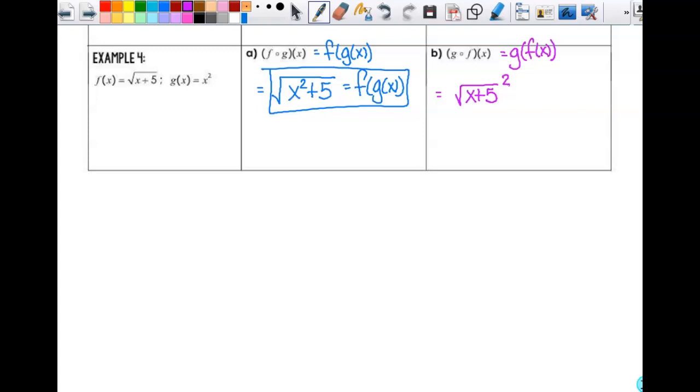Get the square root of x plus 5, squared. Do you agree with that? Can I simplify that one more? Yes, if that whole square root is being squared, those are inverses of each other, and that just equals x plus 5, and that is g of f of x.